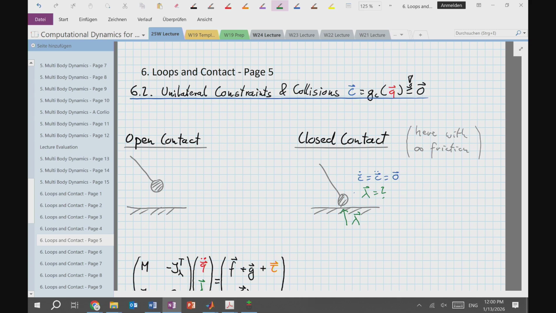The reason why I want to write it this way is because on the left-hand side, we kind of have the opposite situation, where I know that there is no contact, which basically means the contact force, the lambda, is going to be 0 here. But the constraint violation velocity and acceleration, those we don't know, right?